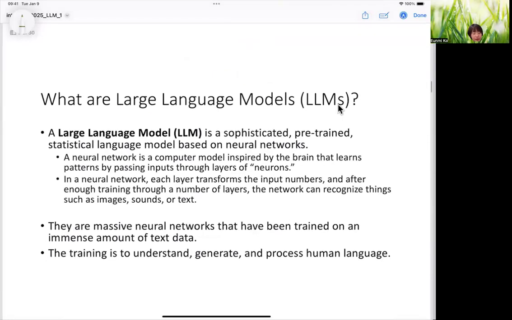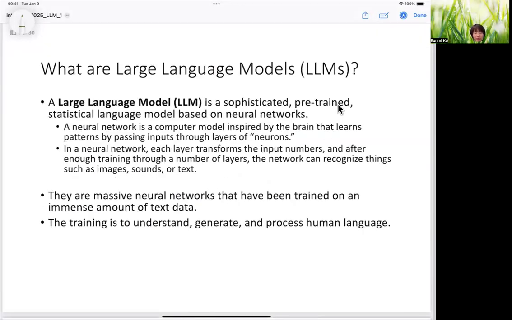All right. So that was neural networks, and based on neural networks, the large language model is generated. These large language models, LLMs, are massive neural networks that have been trained on an immense amount of text data.